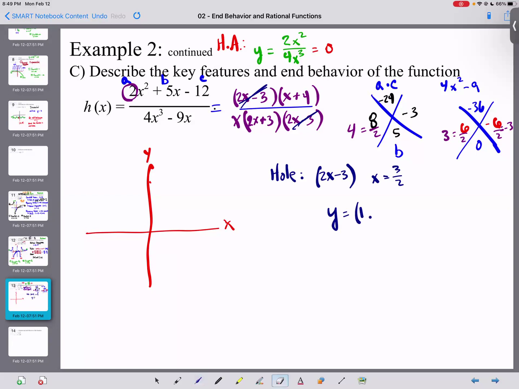Let me just leave it as 3 halves. Okay, so I would have 3 halves plus 4. I don't need the parentheses anymore, since there's nothing for that to multiply with. So 3 halves plus 4 over 3 halves times 2 times 3 halves plus 3.